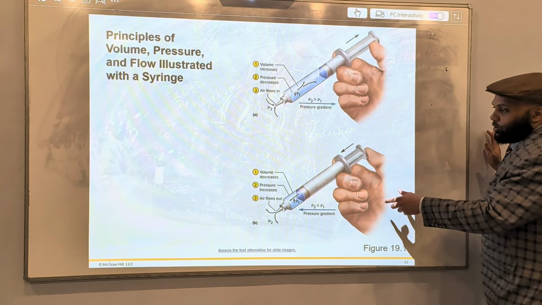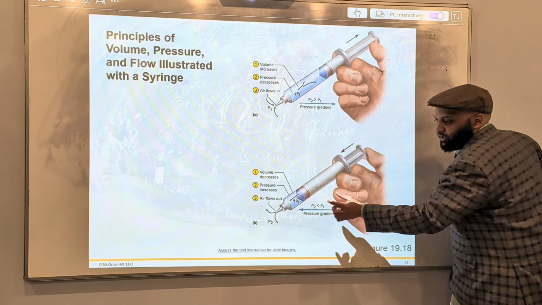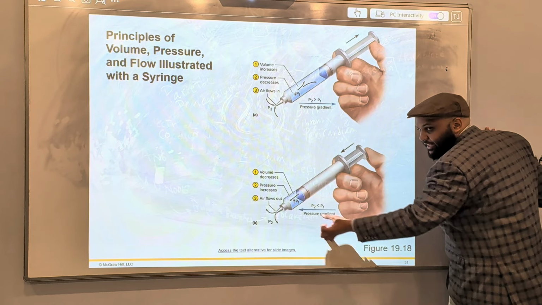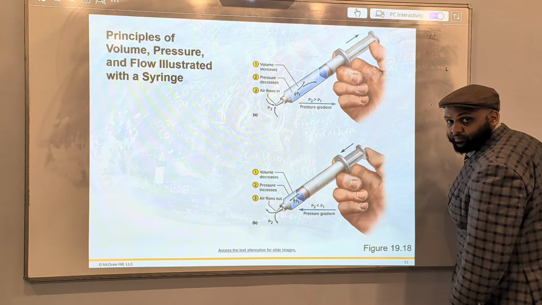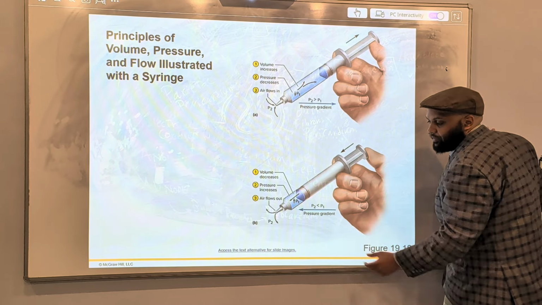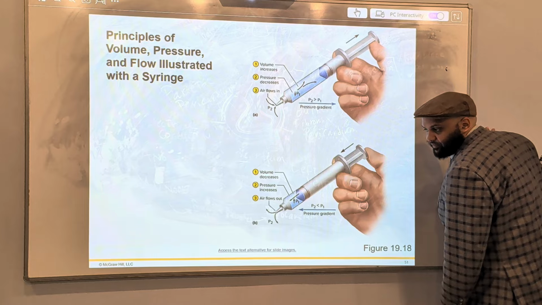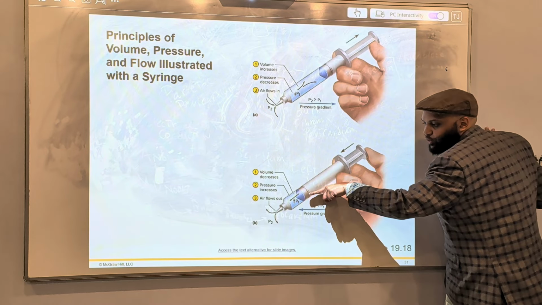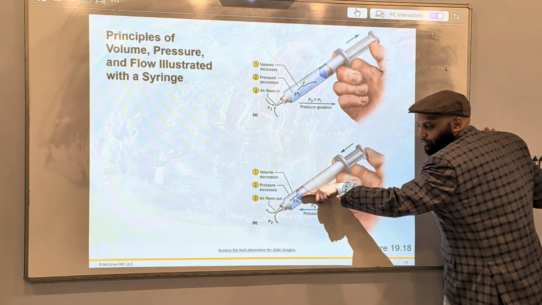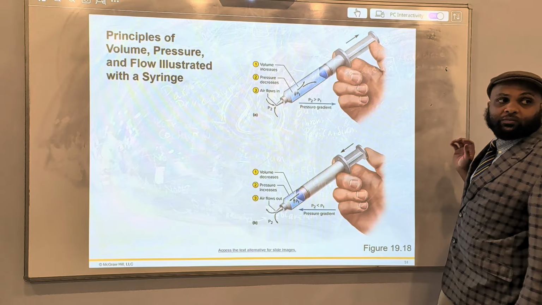Look at the opposite. When you push now, did you increase the volume or decrease the volume? You decrease the volume. And when you decrease the volume on the inside, what happened to the pressure? It increased. So the fluid goes from an area of high pressure to an area of low pressure.